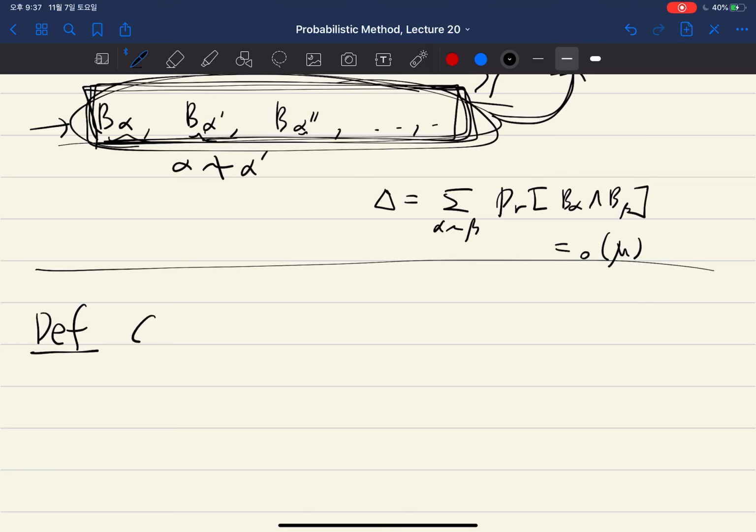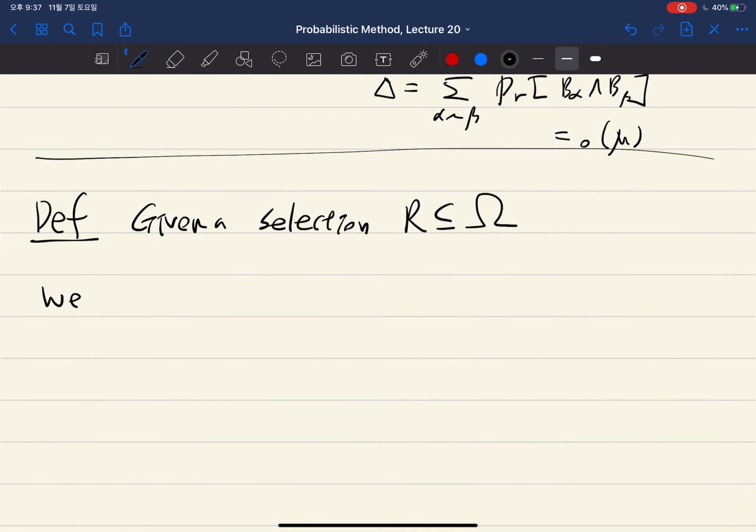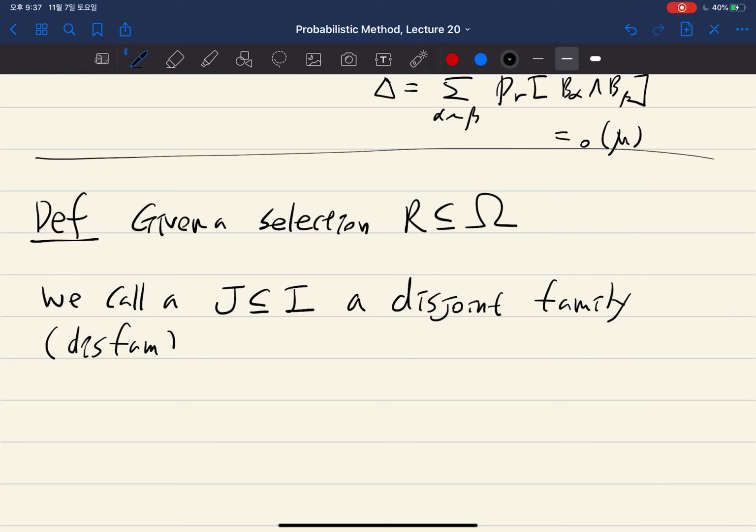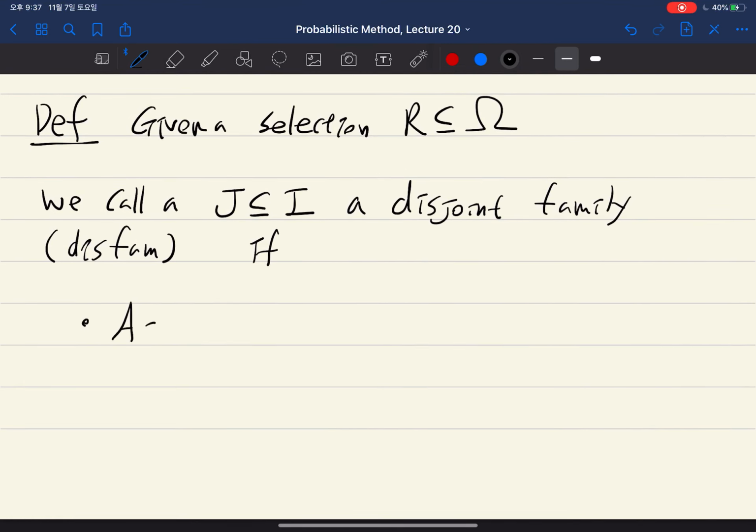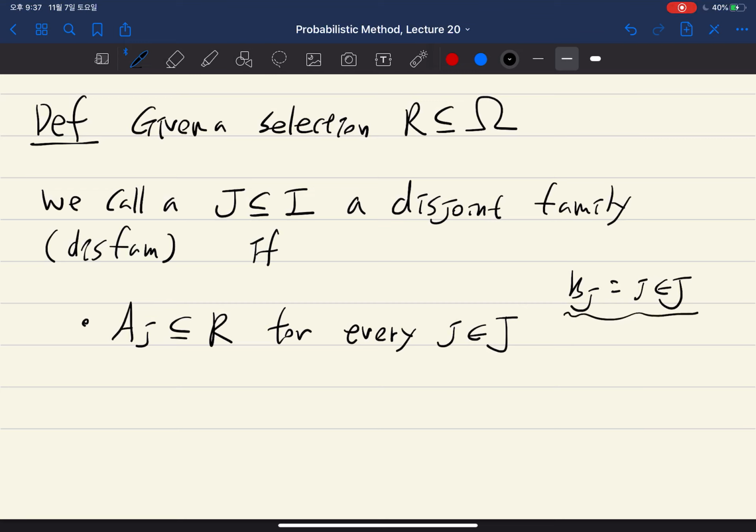So we consider the setup, and we have this random set chosen in this omega, and we call J, which is a collection of indexes, a disjoint family, if the following holds: that A_J is a subset of R for every J, meaning that the B_J, J in J, occur.